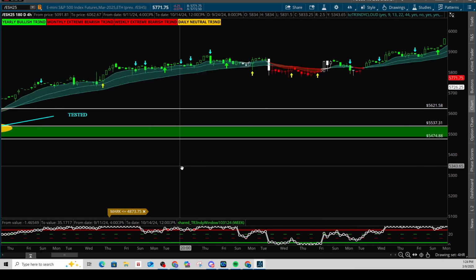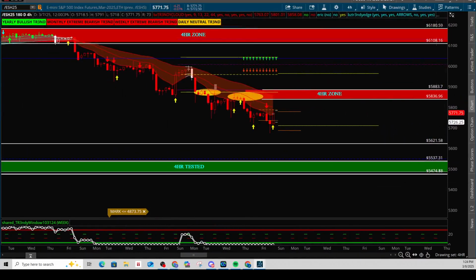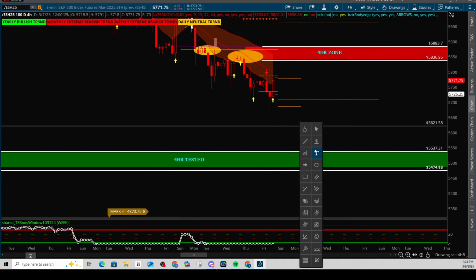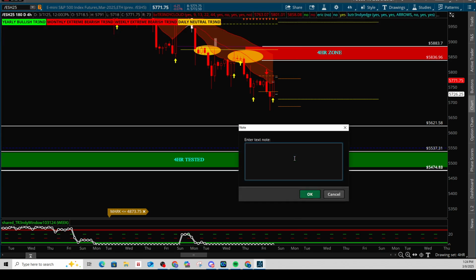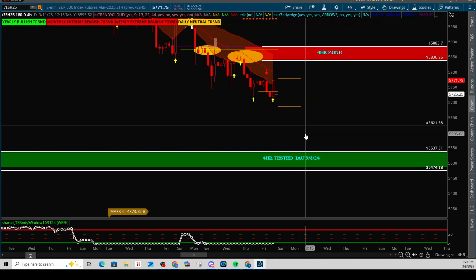So let's go over here and let's make a note while we're on here. And I'm going to start doing this so that if anyone doesn't understand where these levels came from, it could really help you out. So again, let's say this is an inside and up from 9/8/2024. Okay, I'm going to bring this over here just like that.